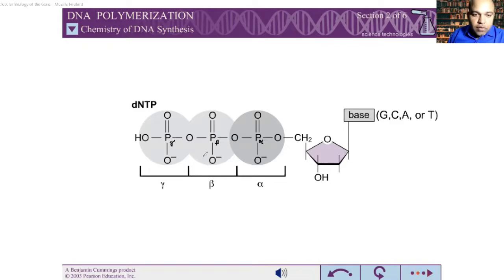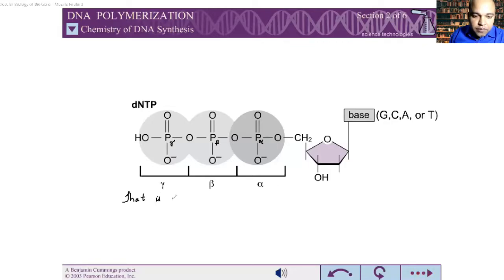One thing that you must always understand is that these phosphate molecules always have a negative charge. It is because of the negative charge of these phosphate molecules that the DNA achieves a negative charge.